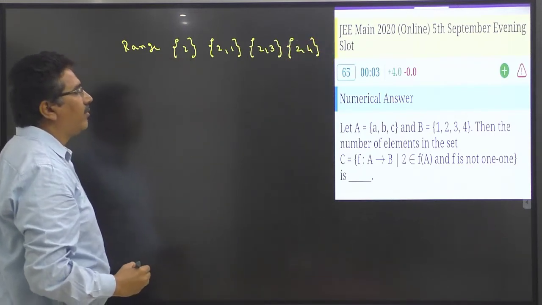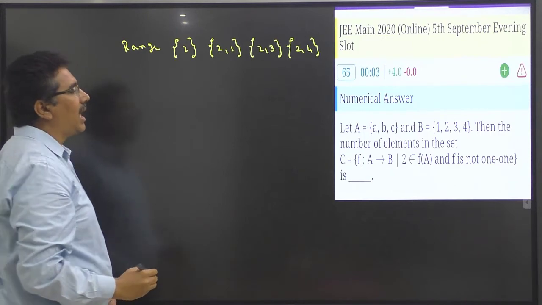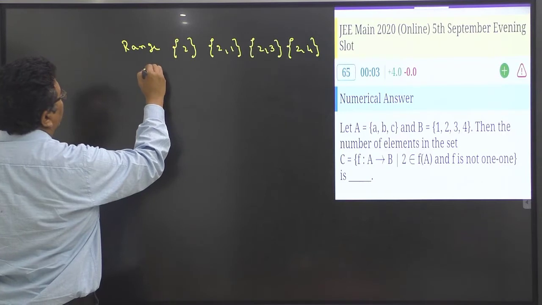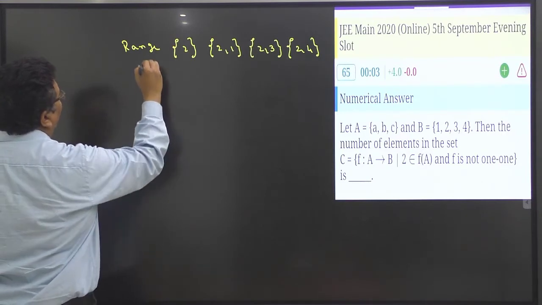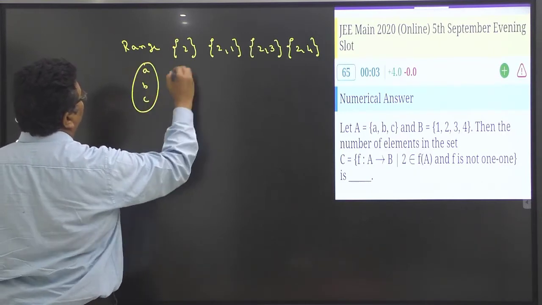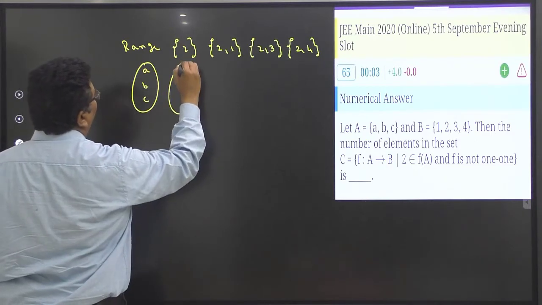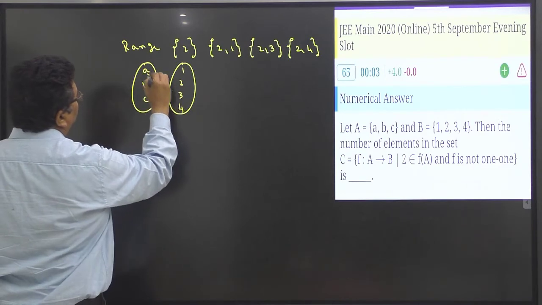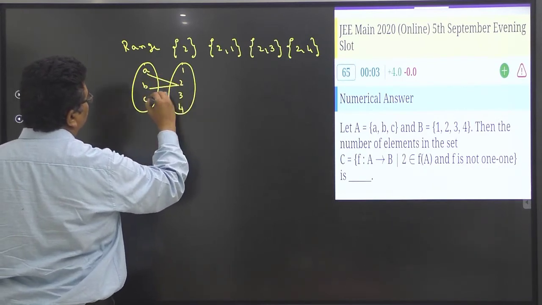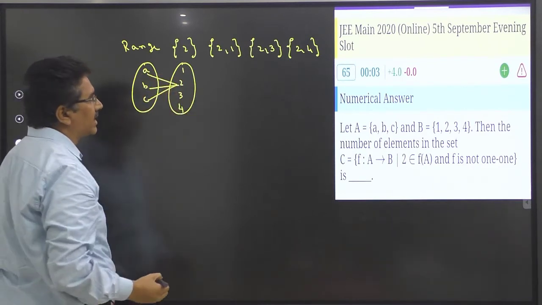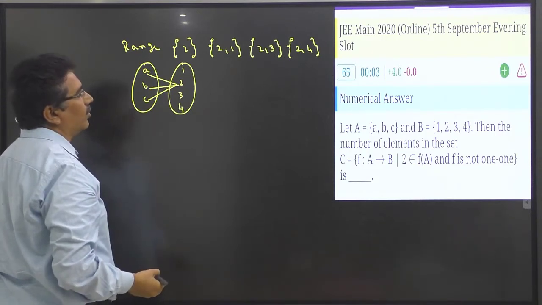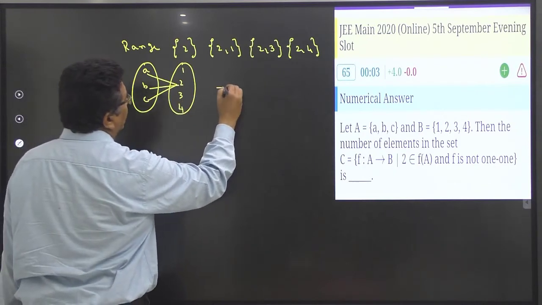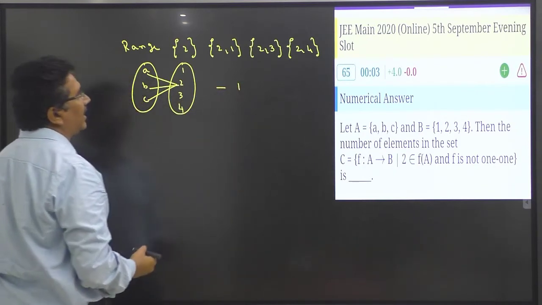So the number of functions that are not one-one. Set A contains 3 elements a, b, c, set B contains 4 elements 1, 2, 3, 4. So the function is like this: 2 belongs to f(A) and f is not one-one. So this is only one function.